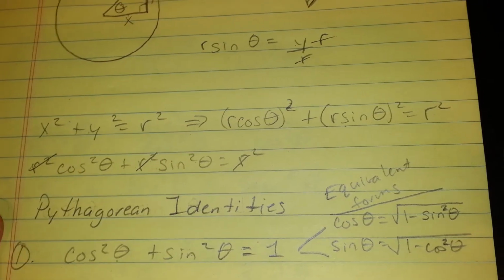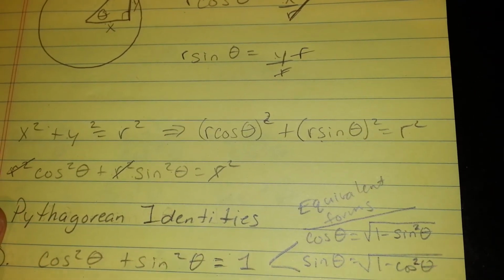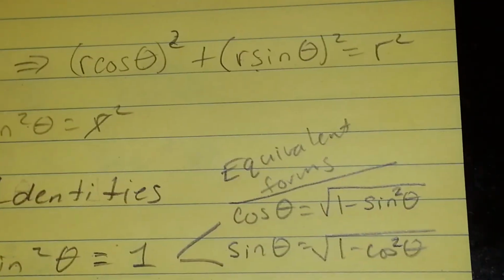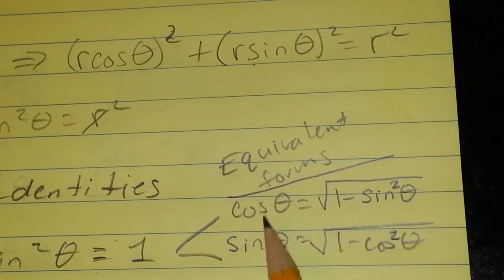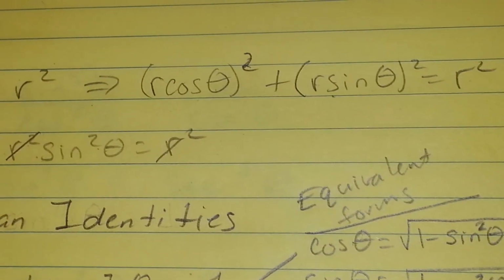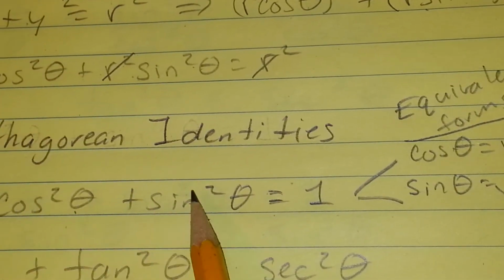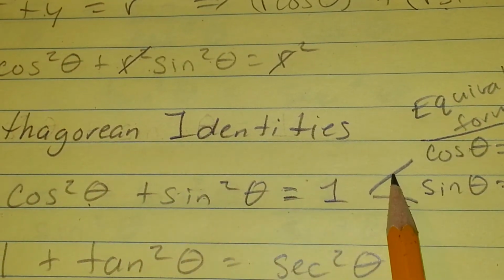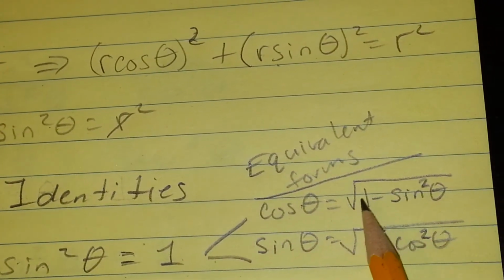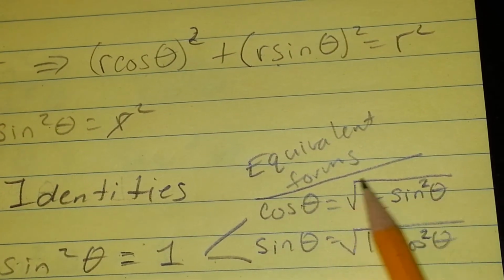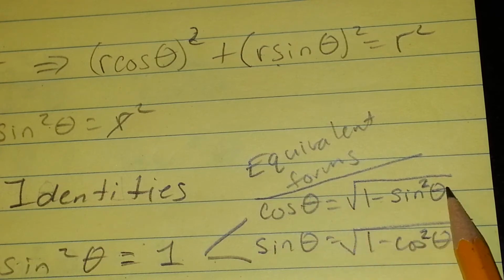Here are some equivalent forms. If I want to get cosine by itself, I'll subtract sine squared from both sides and get 1 minus sine squared. So cosine theta would be the square root of 1 minus sine squared theta, since we square rooted both sides.